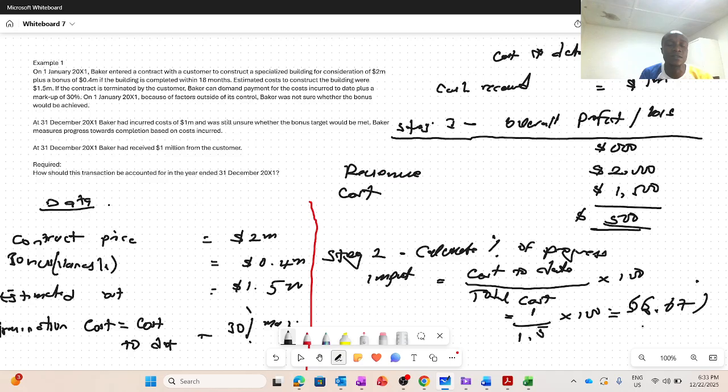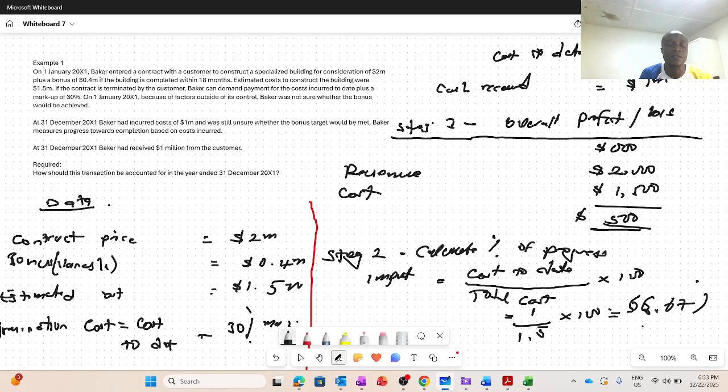The cash received is 1,000. So therefore, this is a contract asset, because the revenue to date is greater than the cash that we have received. It means the construction company will recognize a contract asset of 333 in the statement of financial position.